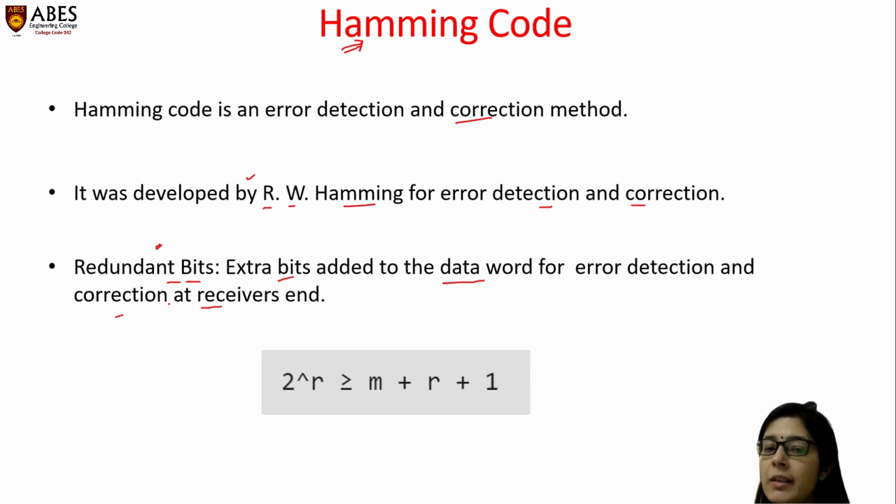Using these redundant bits, the receiver will be able to identify whether an error has occurred or not. So this is the formula for calculating the number of redundant bits. Here M is the size of the data and R is the number of redundant bits required. So this is the formula via which we can calculate the number of redundant bits if the size of the data is M.